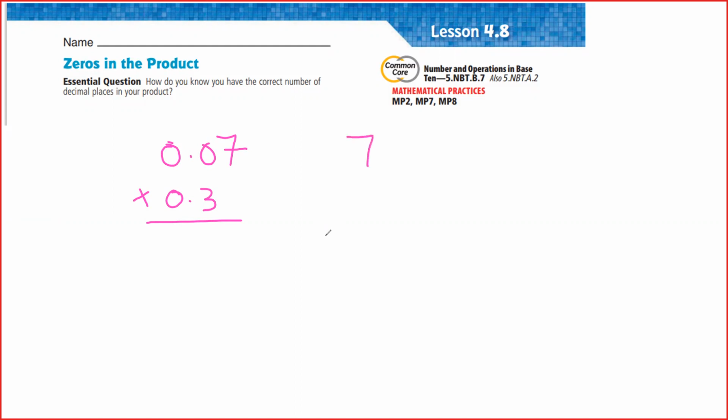So 7 and 3. 3 times 7 is 21. So the answer here is 21. Then next, I will see how many digits there are after the decimal point. Here we have 1, 2, 3 digits after the decimal point.